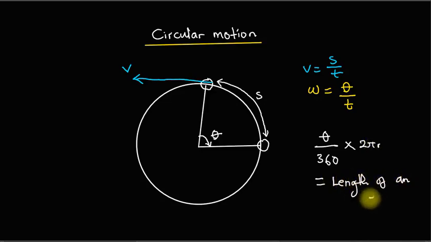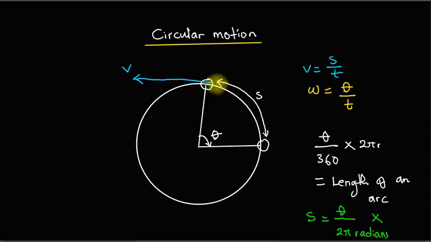So in this circle, this is the arc which was formed during the motion, that's S. So we can say S is equal to theta, which is the angular displacement, all over 360. 360 is the same thing as 2 pi radians, then multiplied by the circumference.